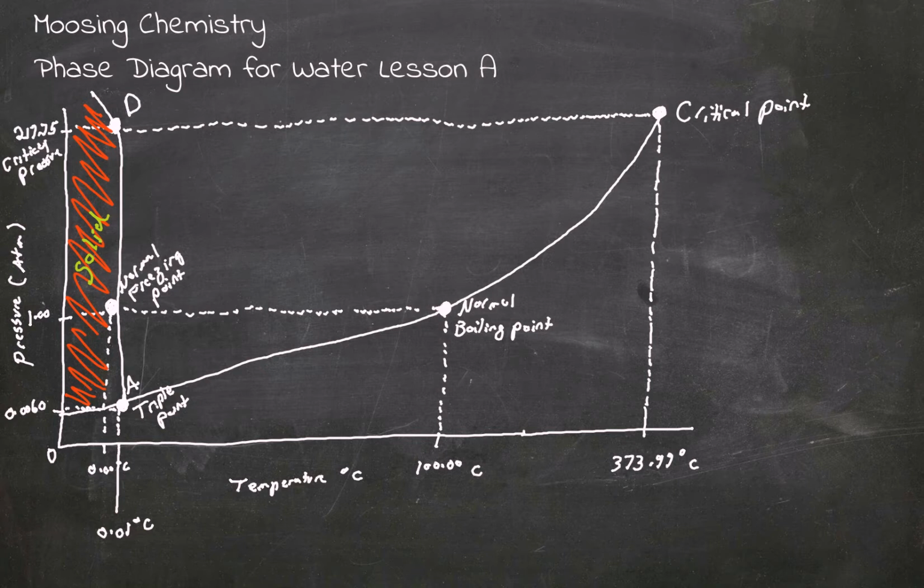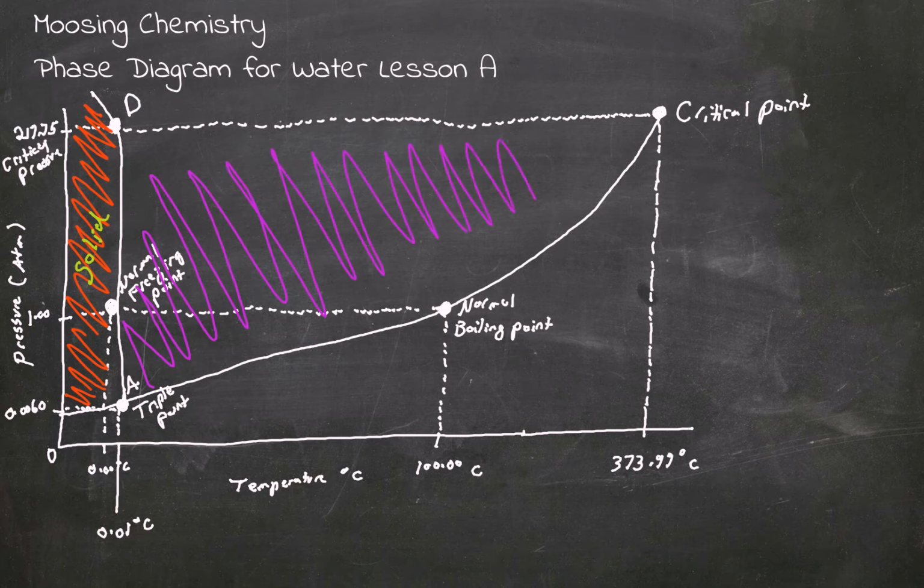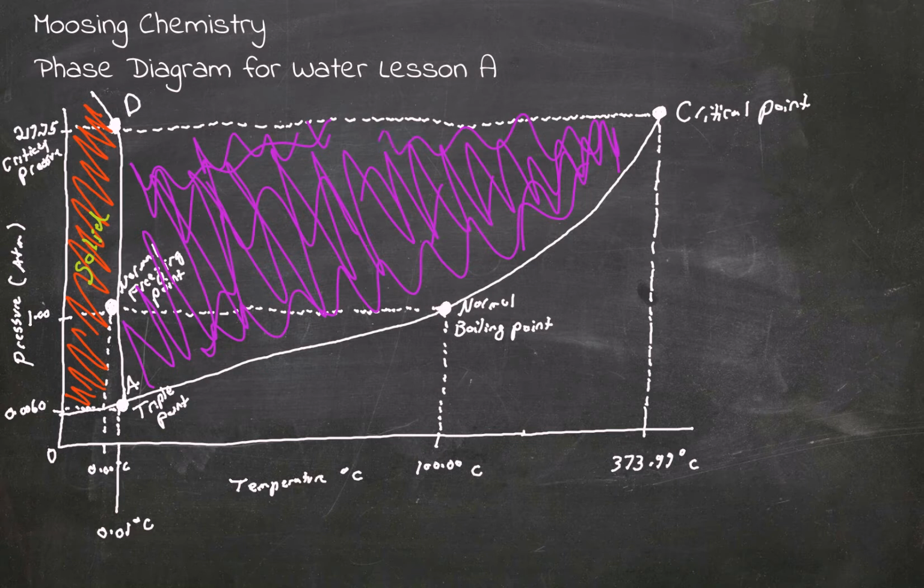Okay, so now let's do a different color here. I like to do this. Lots of cool colors, huh? Let's do fuchsia. That'd be cool. So if we're in this area here, your substance is going to normally be a liquid.